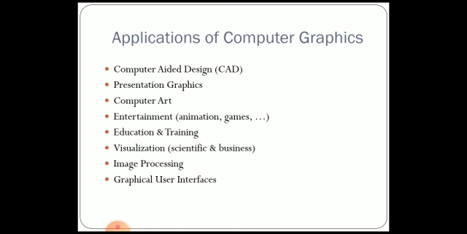If you are able to design anything, maybe a building, a machine, an automobile, or anything else for that matter, with the help of a computer, it falls under computer graphics, and that software will help you in designing, and that is called computer aided design.